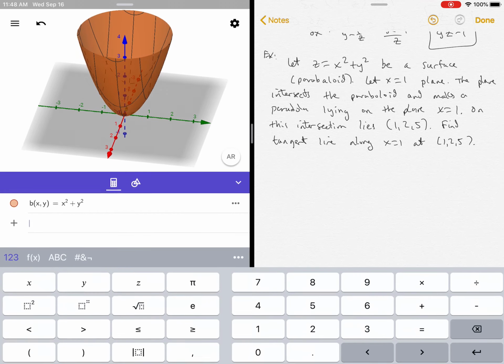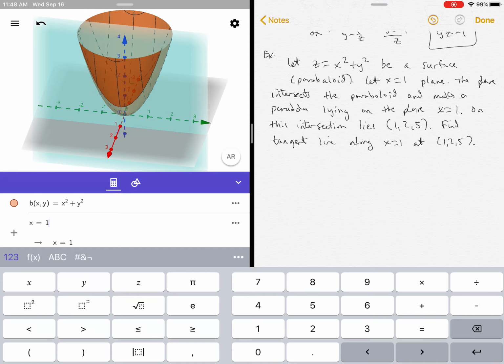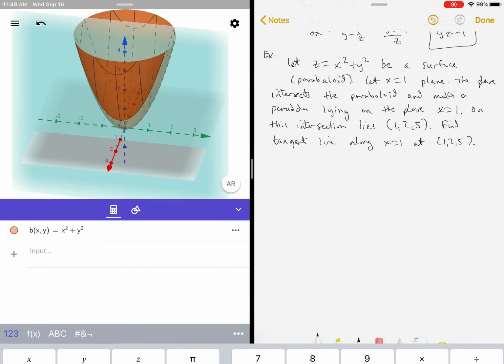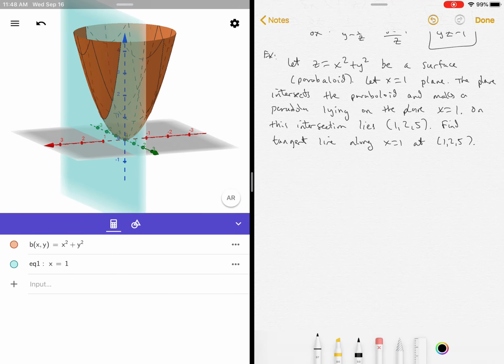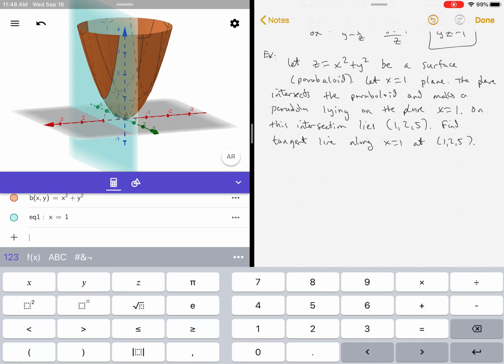And let's see if it shows the plane. It will. X equals 1, right? Let me see if I can move this. That's pretty good. And let's go ahead and put the point (1, 2, 5) in there.